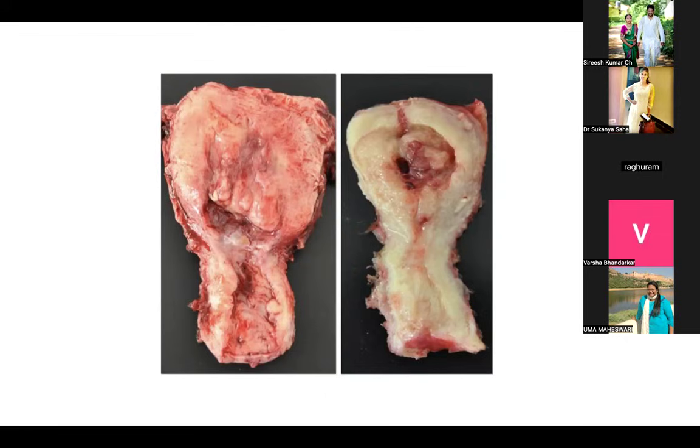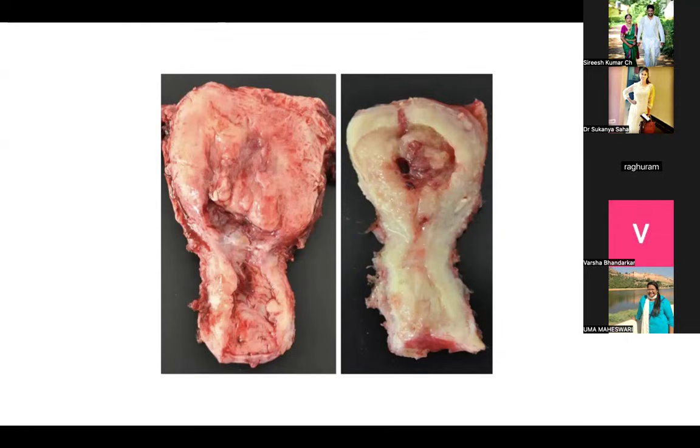If it is deficient MMR, then we can use the RUBY trial regimen. Okay, so I'll clarify. This pembro and lenva is used in second line setting, not in first line setting. That is used in proficient MMR, but that is in second line setting. So you have 4 immune checkpoint inhibitor combinations that are given. Okay.